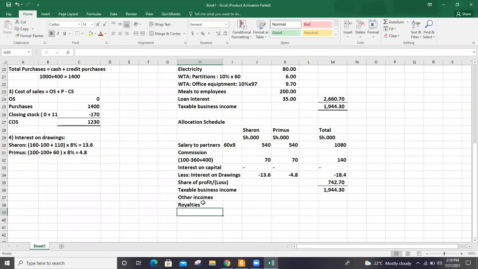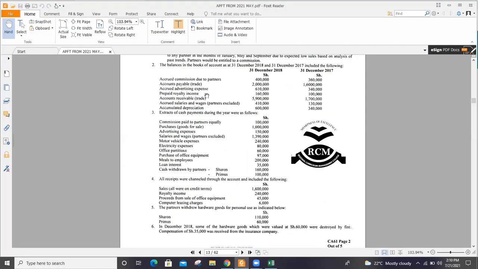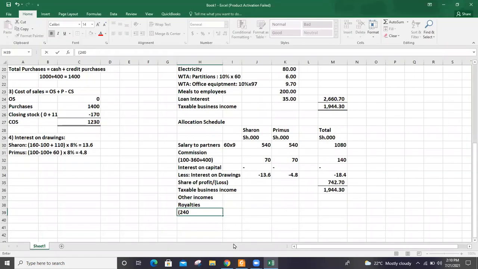We received royalties of 240. At the beginning of the year, we had prepayments of 100, which we add. We subtract the prepayments at the end of 160.